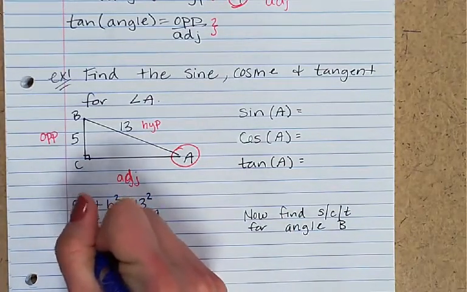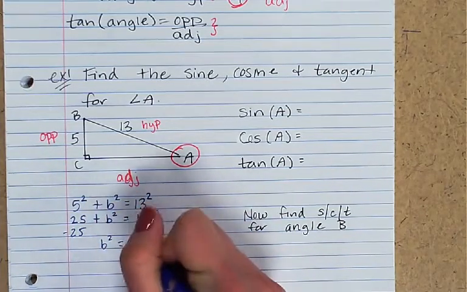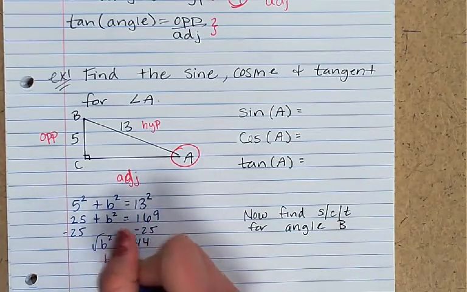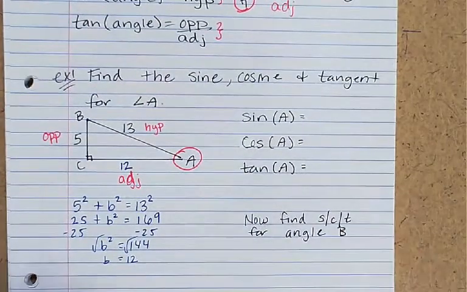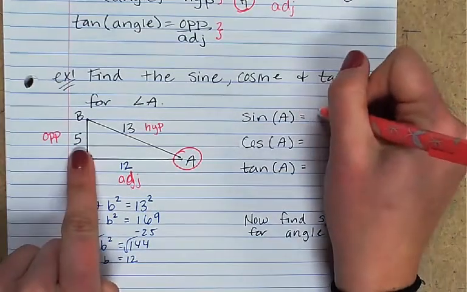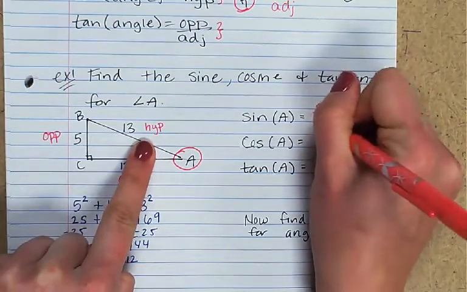Then I'm going to subtract 25 from both sides. So I got b squared is 144. Square root both sides, and b is 12 there. Okay, so from here we're just going to do SOHCAHTOA. So sine of A is your opposite over your hypotenuse.